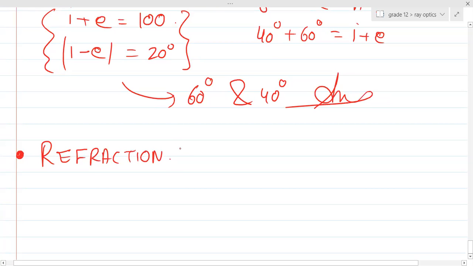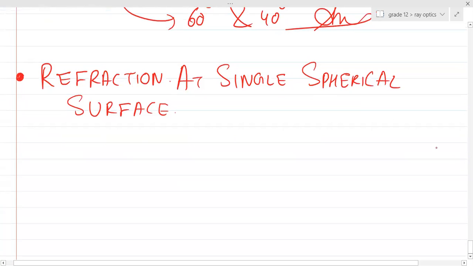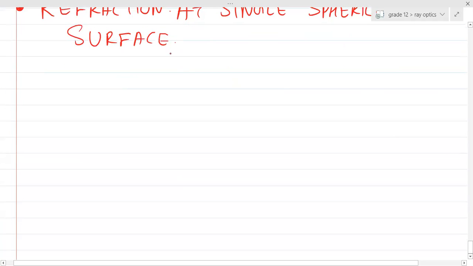Refraction at a single spherical surface. Okay, so you need to find out the refraction at a single spherical surface. Suppose you have a surface like this.